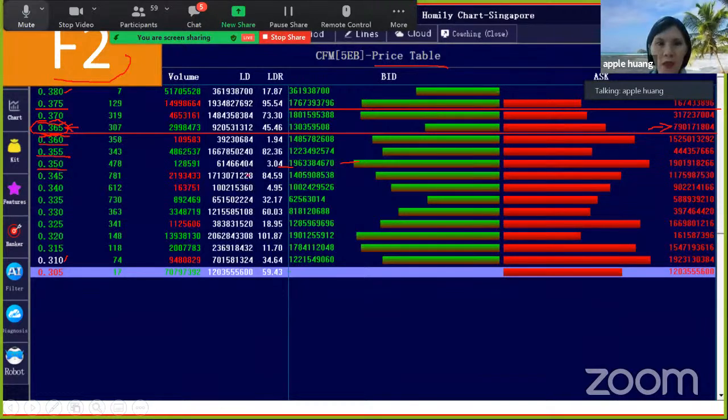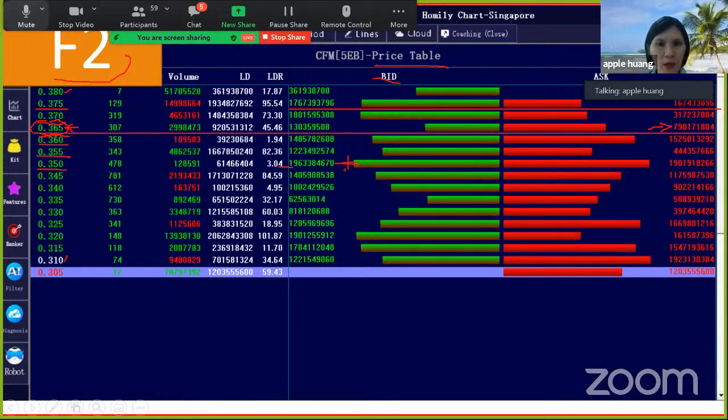That means you can compare the bid volume and see at what price there is the most bid volume. You can also sort out which price has the most bid volume. For example, here, the first one is this one. The green bar is very long here, the number one.